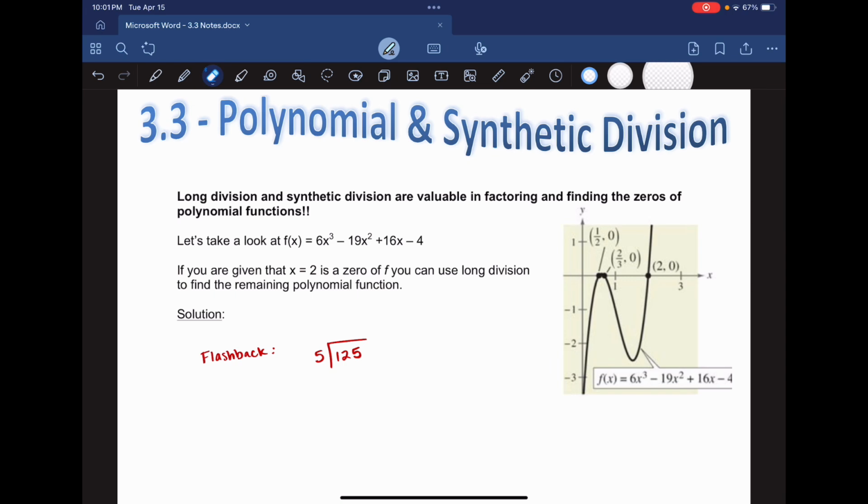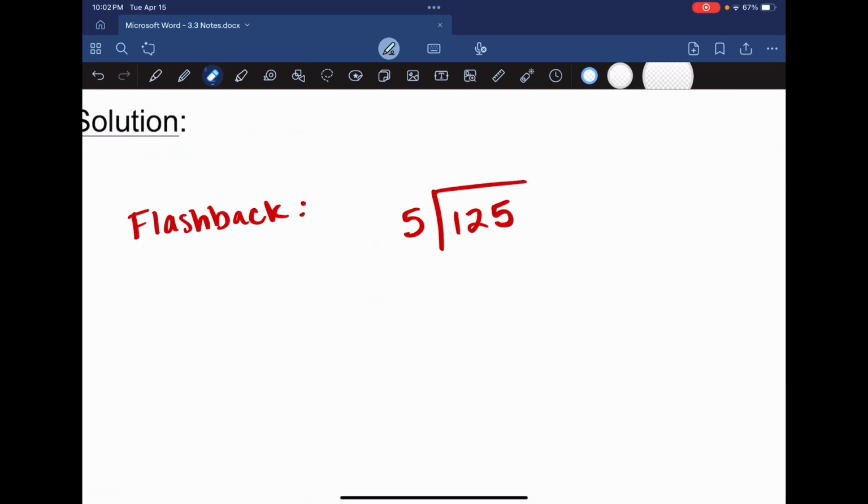Okay, so before we jump into dividing polynomials, let's first just talk about what long division is. This is something you learned way back in elementary school, but just to refresh, this tells me what I'm dividing.